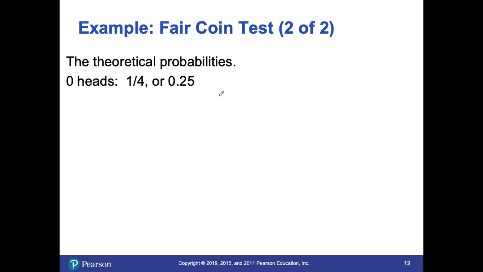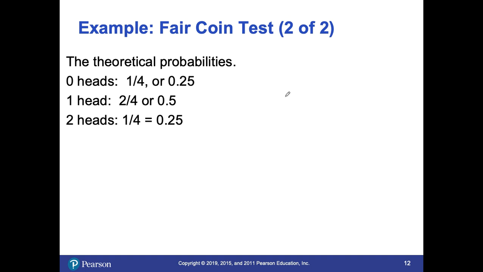Because remember, we had that little picture from a few slides back: a 1 in 4 chance of getting no heads, a 2 in 4 chance of getting one head, and then again a 1 in 4 chance of getting two heads. So that's the theoretical probability.